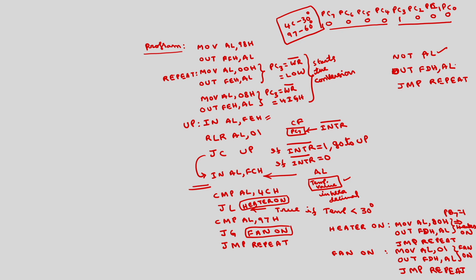In a similar manner you can have a lot of applications, like if you want to use DC motor control, motor control using 8086. So, you can use a motor, and this is connected to a tacho generator.